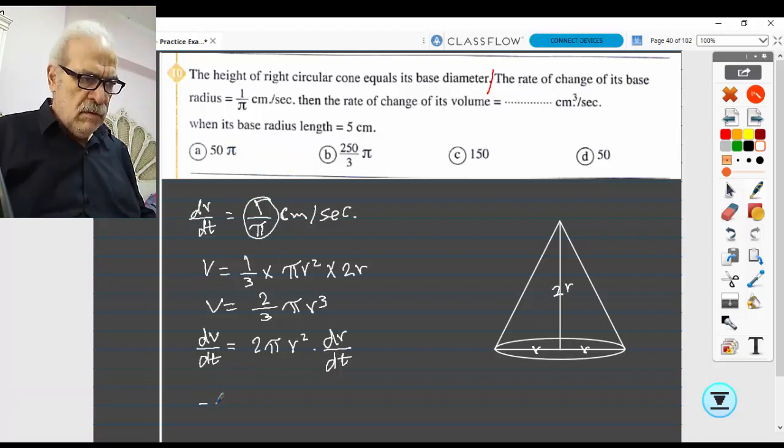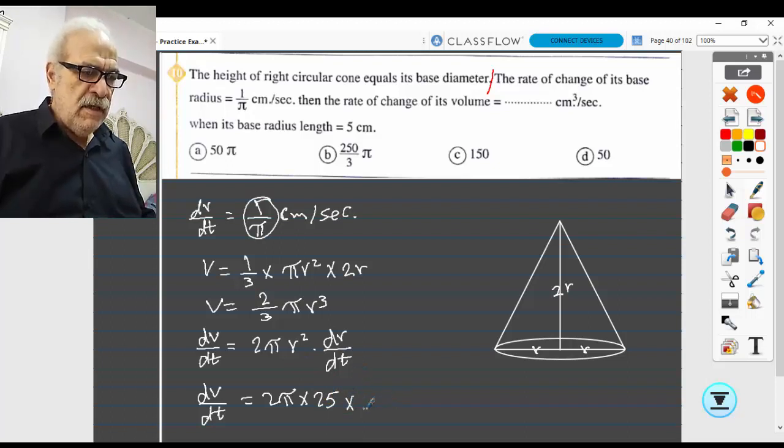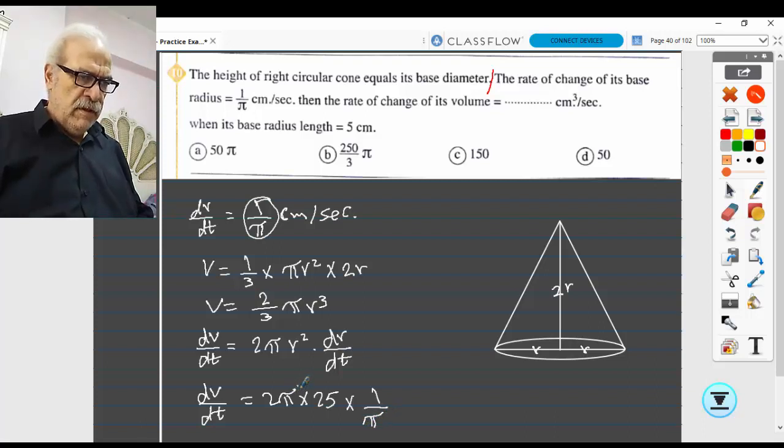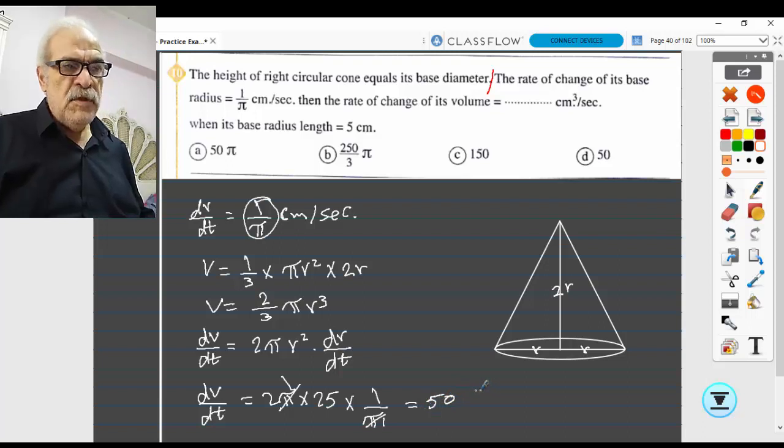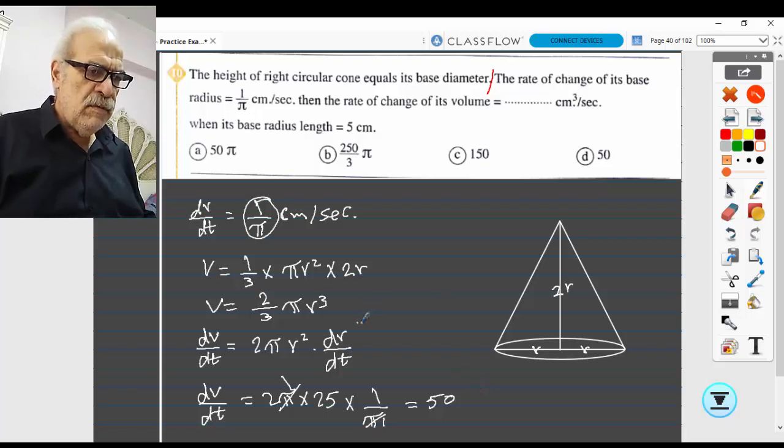So by substituting r equals 5, we will get 2 pi times 25, as 5 square equals 25, multiply dr/dt equals 1 over pi. Dividing up and down by pi, so we will get 50 centimeter power 3 per second. So the solution will be in letter D.